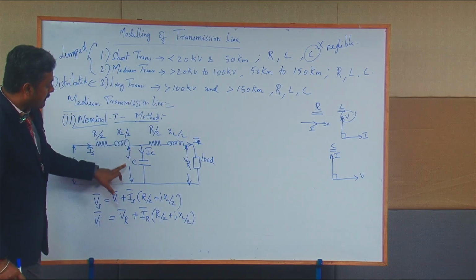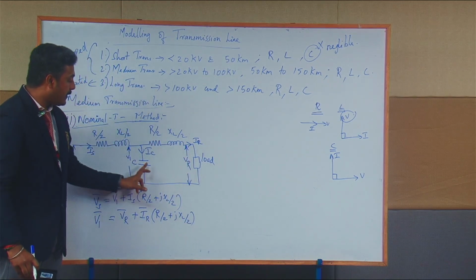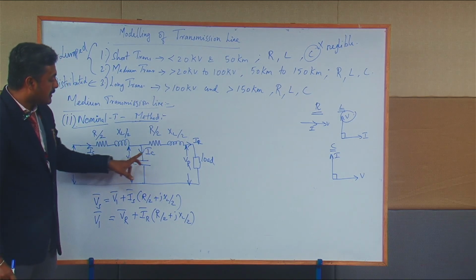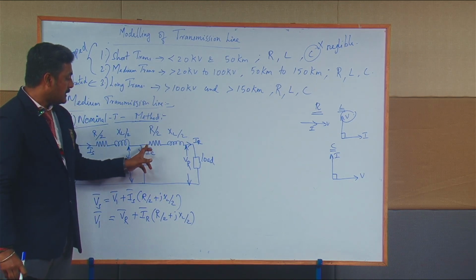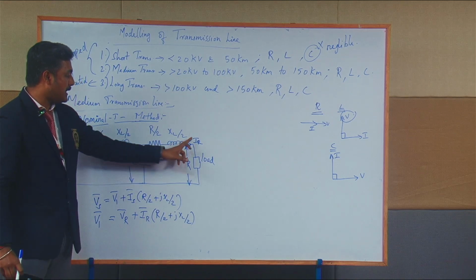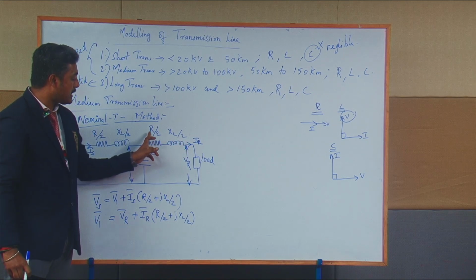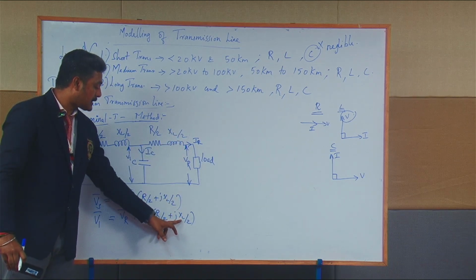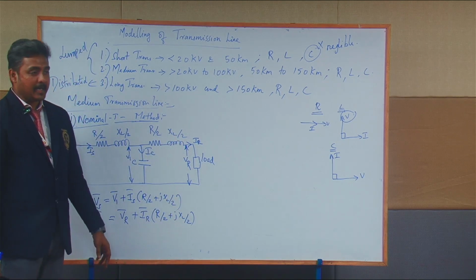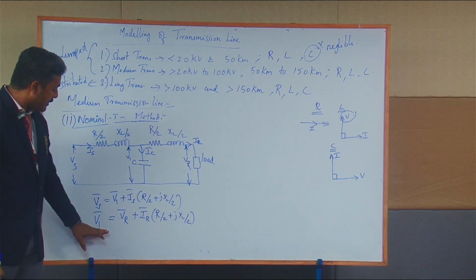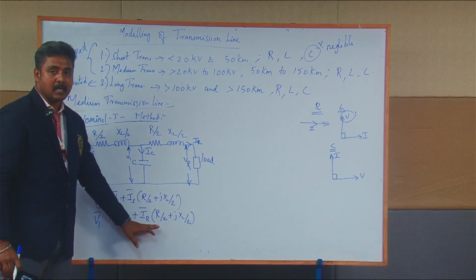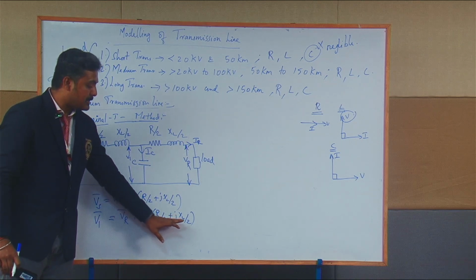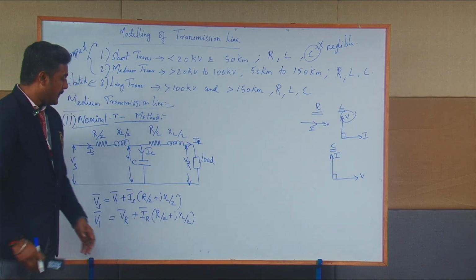The current flowing towards this line is IR, and IR into R by 2 will be the drop, and IR into XL by 2 will be the drop across this inductor. Therefore, the total value V1 will be equal to VR vector plus IR vector into R by 2 plus j into XL by 2.